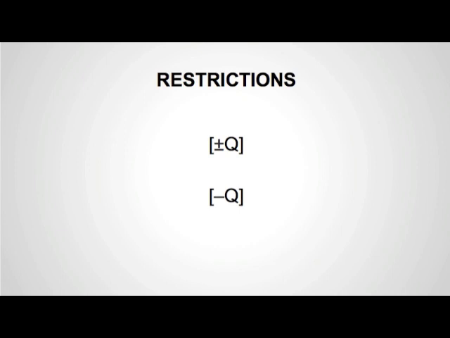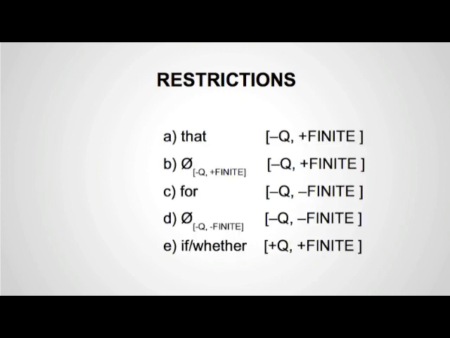So the feature plus minus Q corresponds to whether or not the complementizer introduces an embedded question. Minus Q replaces the proposition theta rule that we've used in the last chapter. And then the feature plus minus finite refers to whether or not the embedded clause is finite or non-finite. There it is, plus or minus finite.